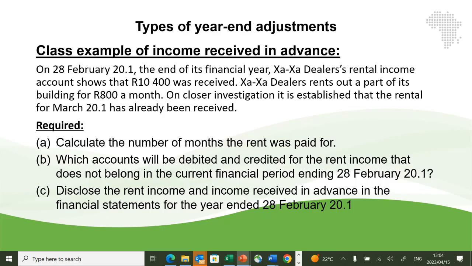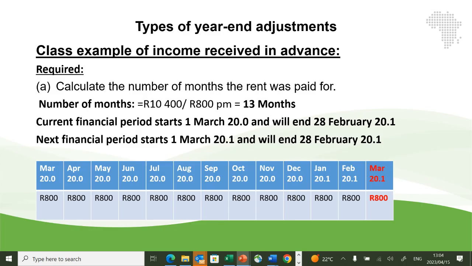B, which account will be debited and credited for rent income that does not belong in the current financial period ending 28 February 20.1. They also want us to disclose the rental income and income received in advance in the financial statement for the year ended 28 February 20.1. So to answer A, we said calculate the number of months the rent was paid for.